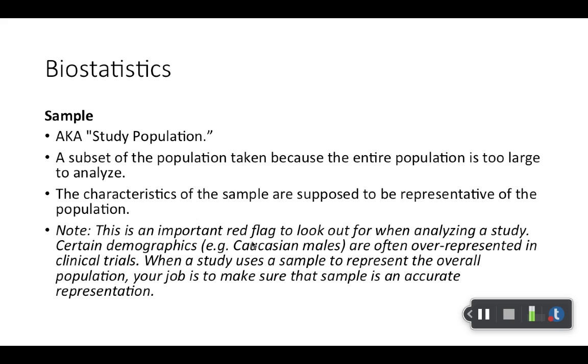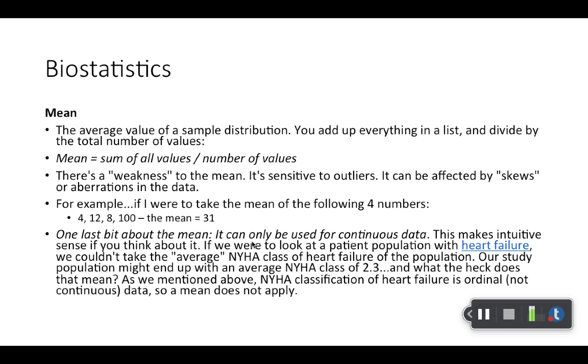That would be a potential red flag that you'd have to look at. And always, students, and I know myself included, before Biostats, I never really thought much of the sample, but it can have a really big impact on the results and the reporting of the results, etc. So check out your sample.